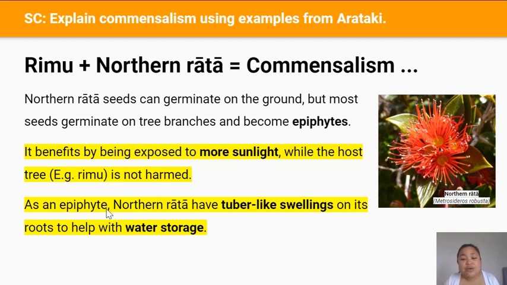As an epiphyte, Northern Rata have tuber-like swellings on its roots to help with water storage. As you can imagine, as an epiphyte, this is really important that it has its own water source. It collects water in these tuber-like swellings on its roots so that it doesn't have to rely on the host tree to provide it with any of that. That's how it can have a commensalism relationship with Rimu.